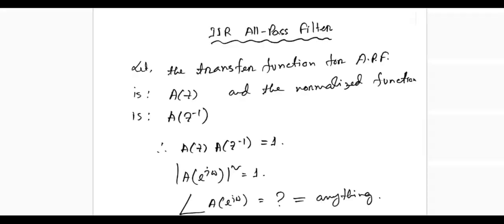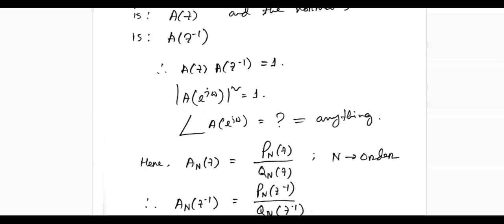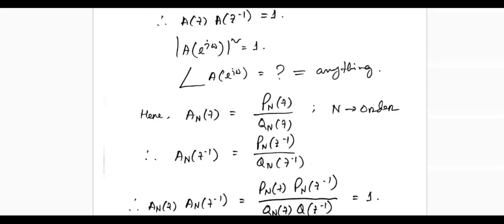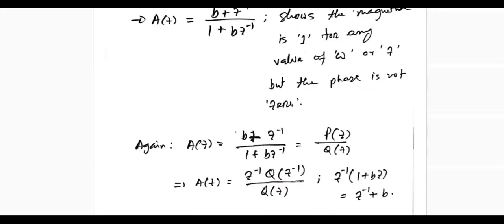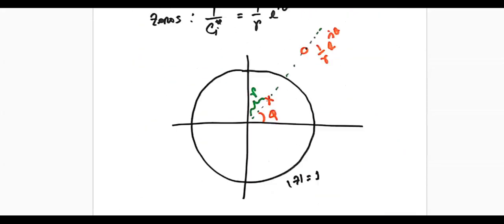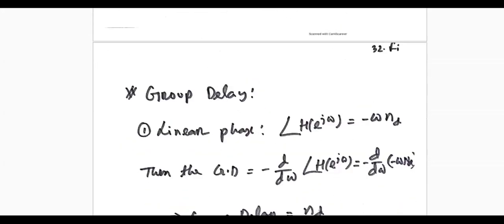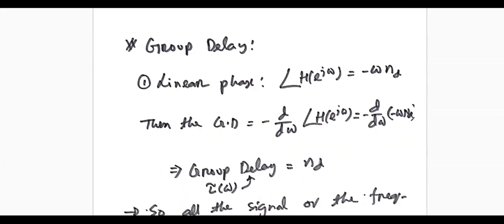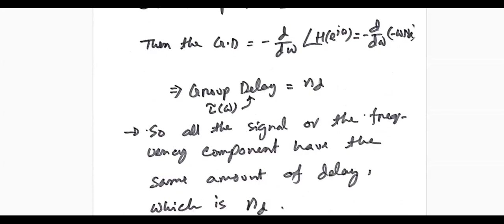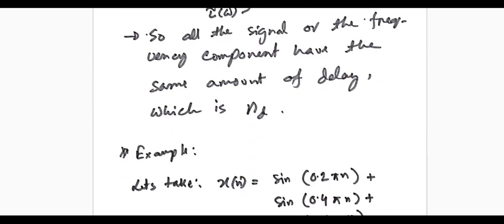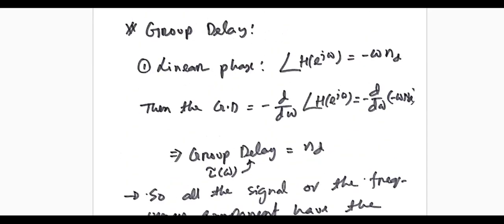Okay, so there are two terms. Before going to the all pass filter, this is important, we can discuss the group delay. For the linear phase and for the non-linear phase, how we can find the group delay, with some examples of the group delay.